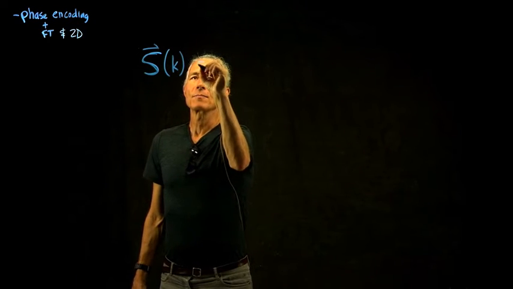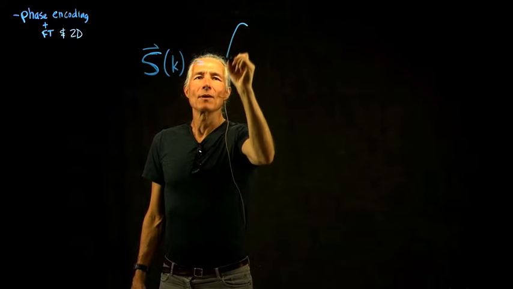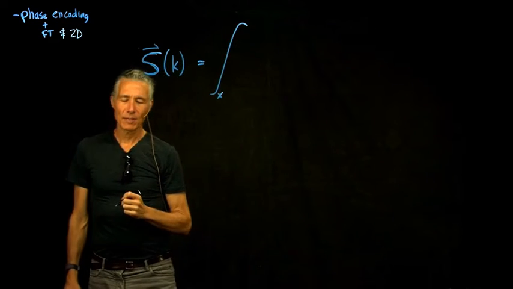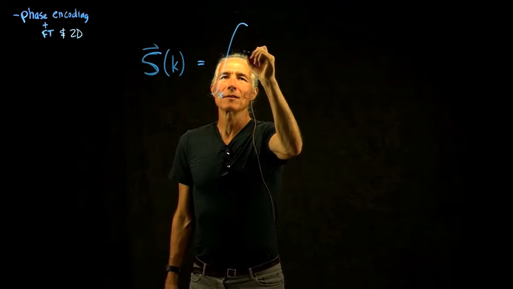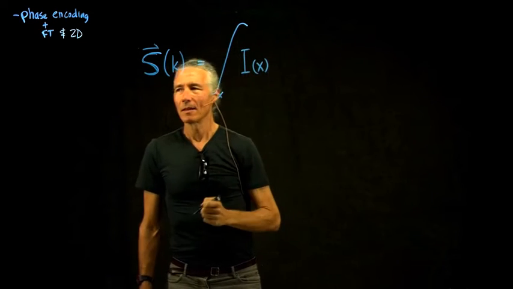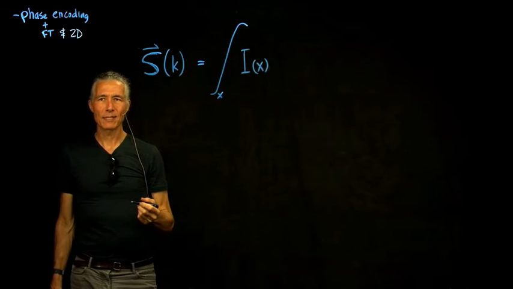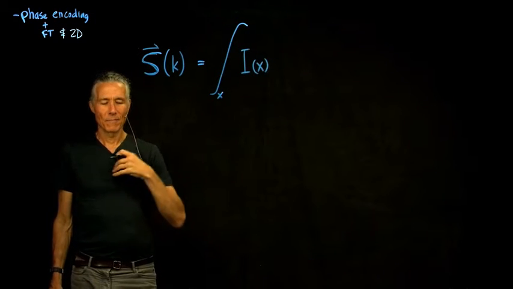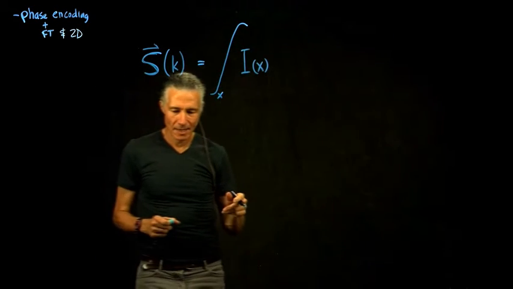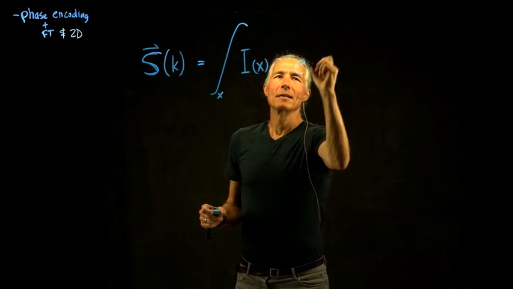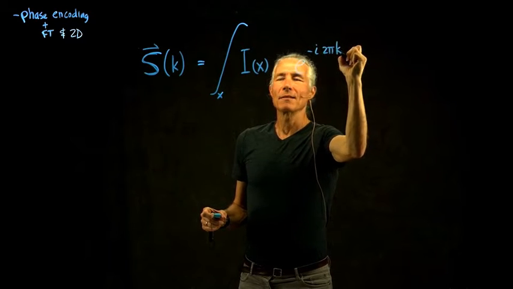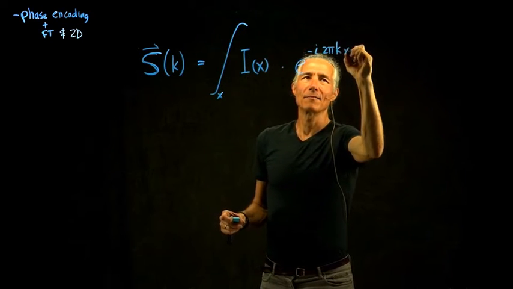How do you get one spatial frequency? You sum across x. So you sum across the x direction, and what are you summing? You're summing the value of the image at each point. That's the brain. It's basically the proton density. So what is the proton density at that particular point in x? And then you're multiplying by e to the minus i 2 pi, and then instead of f we have k, and then instead of time we have x.